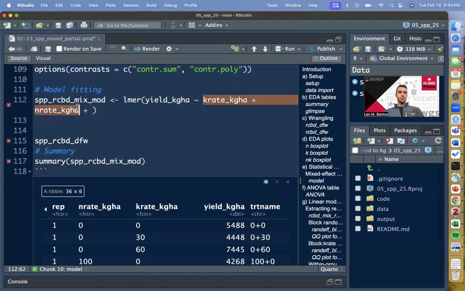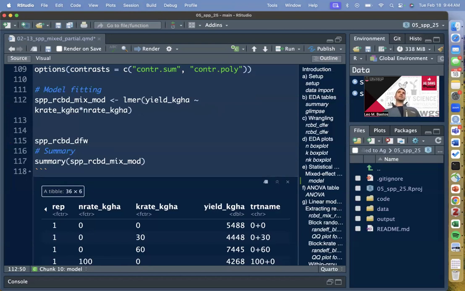Okay, so let me just break this down. If we want to do it individually, it would be main effect of K rate plus main effect of nitrogen rate plus the interaction, and the interaction alone we specify with the colon, right? However, all this can basically be summarized by this, right?